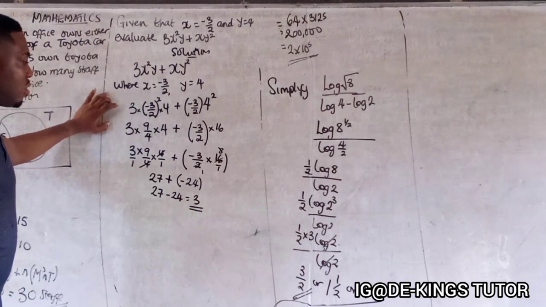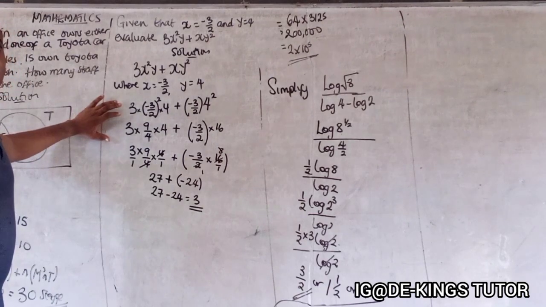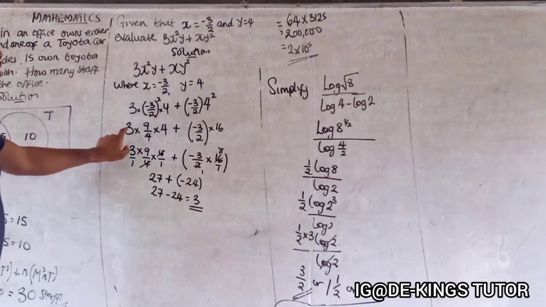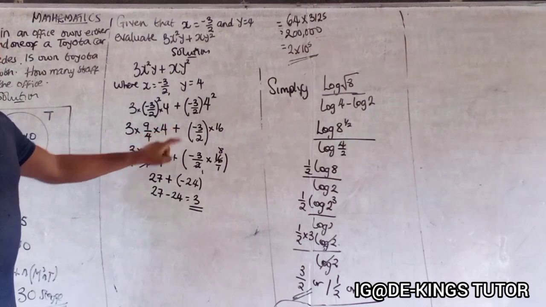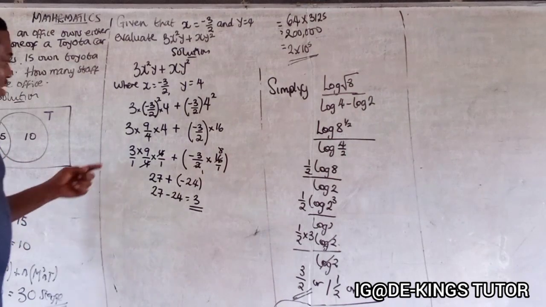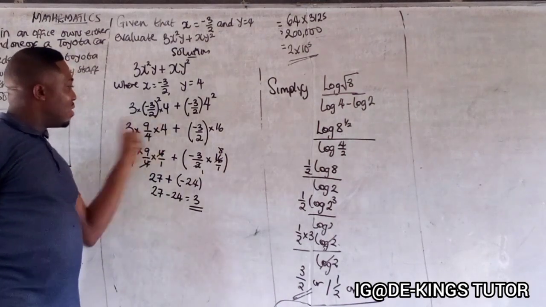If I divide them, it still gives me the same thing. If you multiply 3 times this times this, it's still the same thing. But for example purposes, don't bother multiplying.